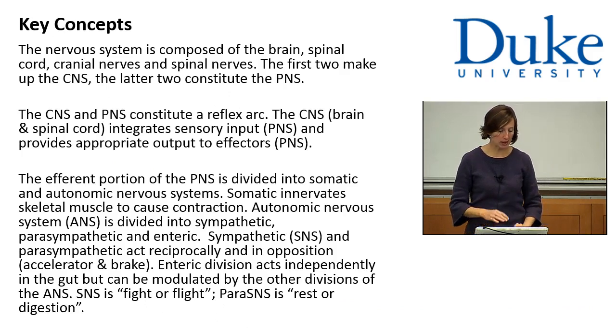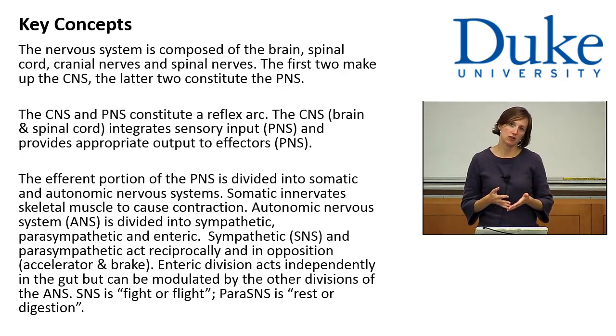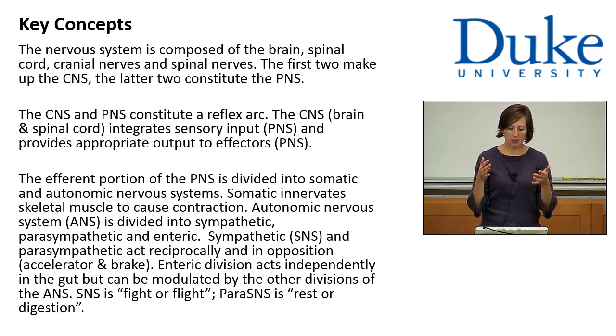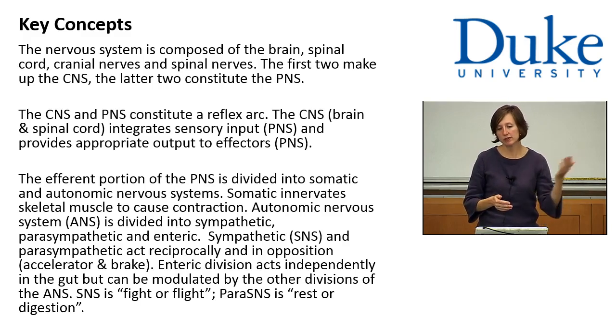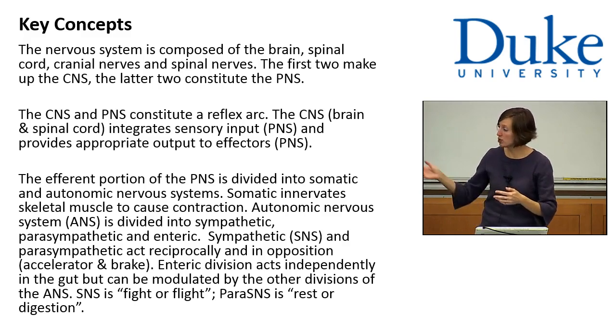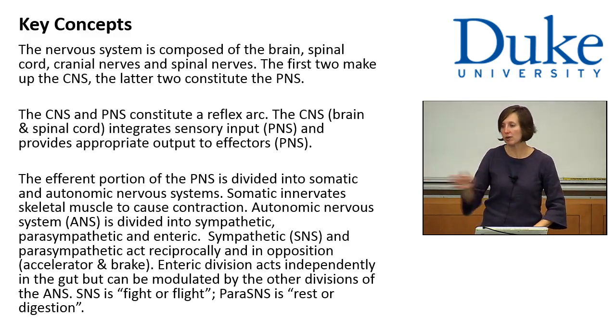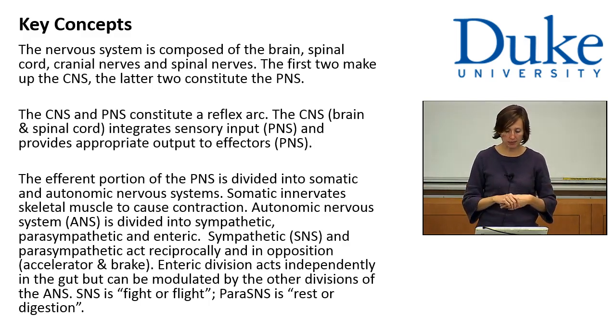So we've talked about just the organization of the nervous system, where we're going to have the central nervous system that's going to integrate, and the peripheral nervous system that's going to send in the sensory information and is going to send out the directive of what needs to happen in response to the sensory system.